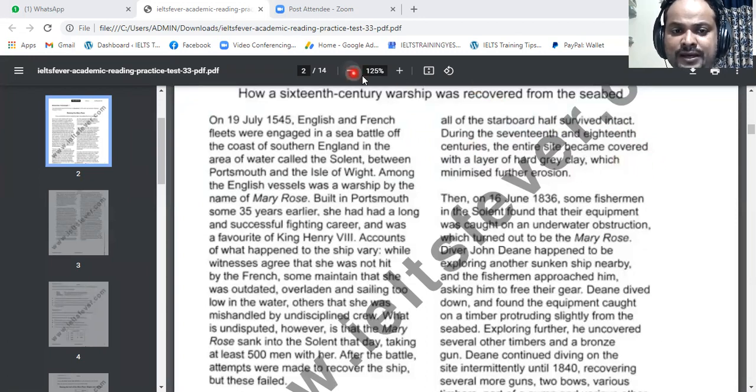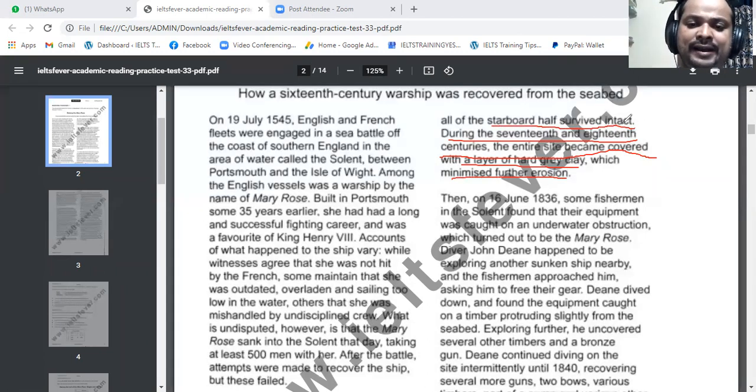So we can say during the 17th and 18th centuries, the entire site became covered with a layer of hard gray clay, which minimized further erosion. So no mechanical erosion there. Nearly the starboard half survived intact. One side. Yes, definitely. We can say the answer is true there.